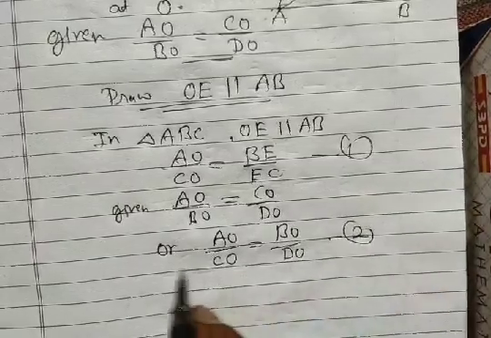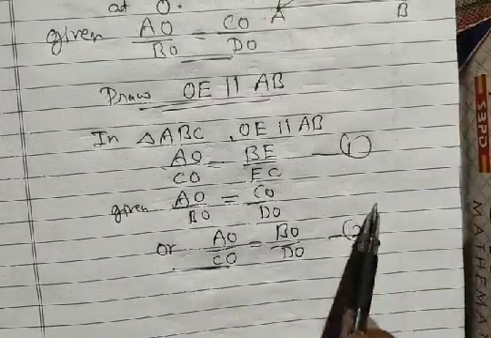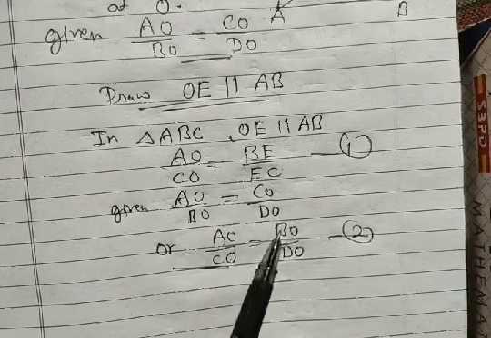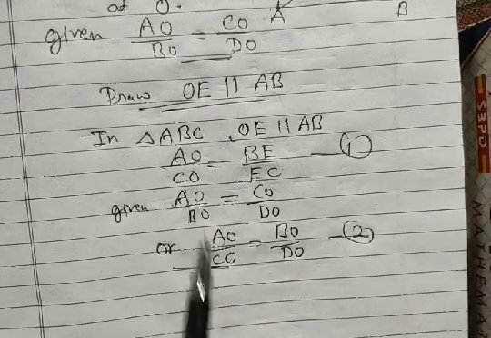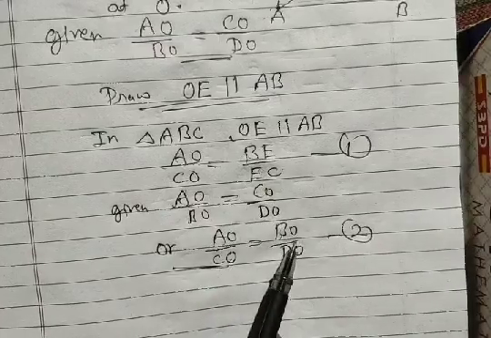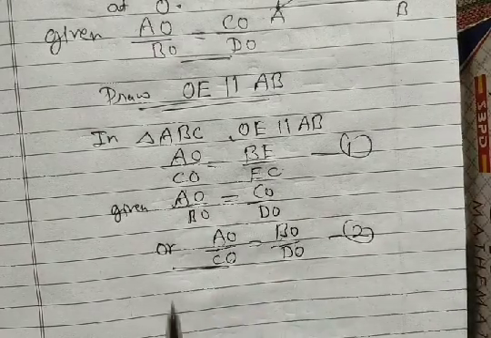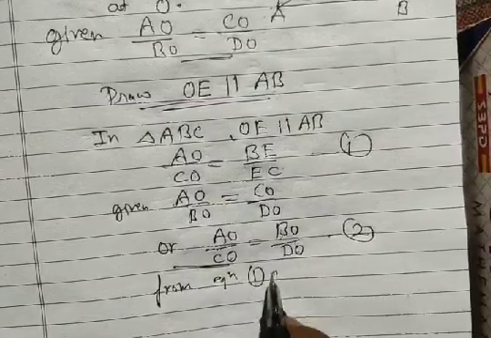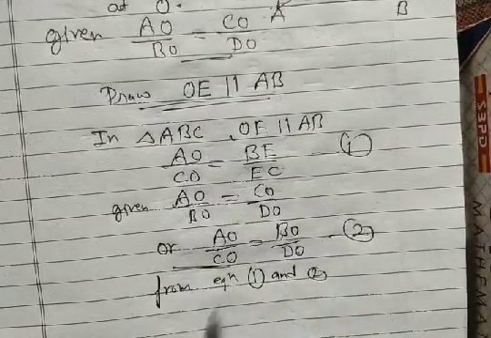Take this as equation 2. Now from 1 and 2, AO to CO is equal to BE to EC, and AO to CO is also equal to BO to DO. If the left-hand sides are equal, then the right-hand sides must also be equal.